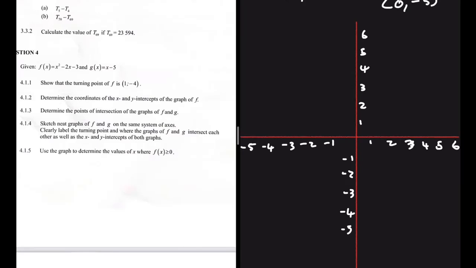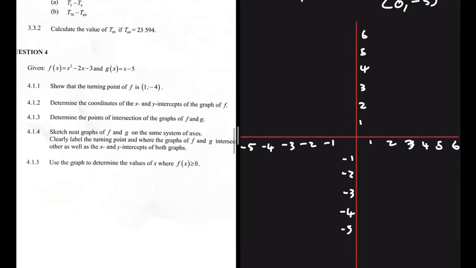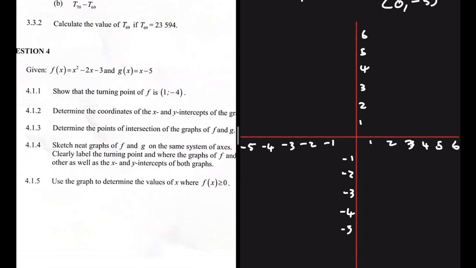If we had asymptotes, we would start by sketching the asymptotes, but in this case we don't have any, so we're going to start with the intercepts. Let's start with f of x, and then we're going to move to g of x. So f of x, we have two x-intercepts. One is at -1 and the other one is at 3, right? So let's just indicate one x-intercept here at -1 and another one at 3. So let's just leave that like that.